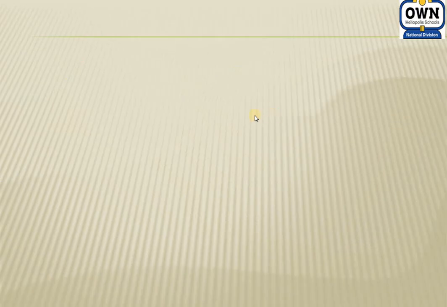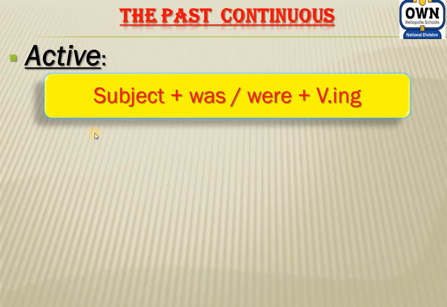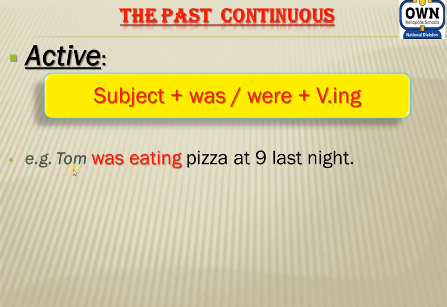Let's go to another tense. The past continuous in the active form is like this: subject, was or were, plus verb plus ing. This is a sentence: Tom was eating pizza at 9 last night. Tom is the subject, was is the helping verb, eating is verb plus ing, pizza is the object, and the rest of the sentence.